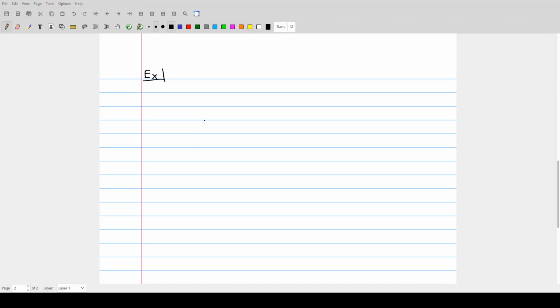The first example that I'm going to go over is finding the arc length of the function y equals 1/2 x squared minus 1/4 the natural log of x, from x equals 1 to x equals 2, or for x between 1 and 2.